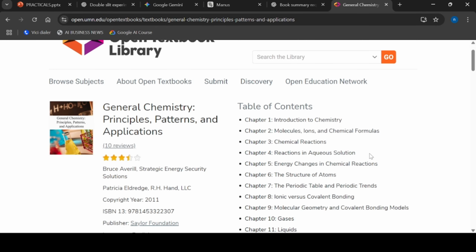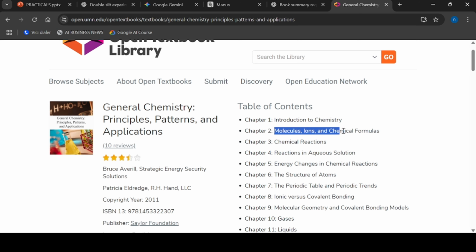Okay, now, for example, you have this textbook, General Chemistry: Principles, Patterns, and Applications. But you don't just want to upload the full book to your AI. For example, you want to understand what chemical reactions are, or what molecules, ions, and chemical formulas are.